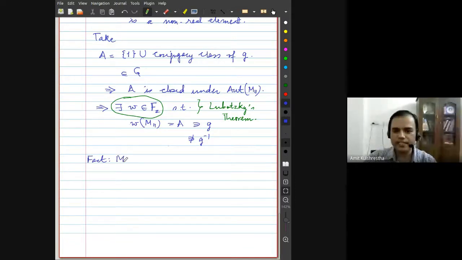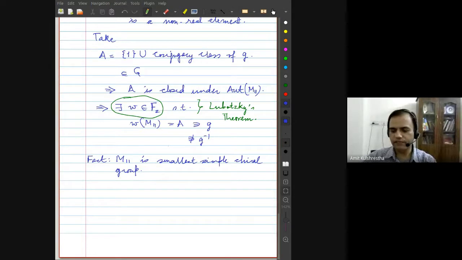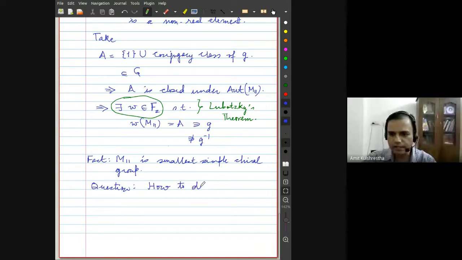Okay, so the fact is that M11 is the smallest simple chiral group. The thing that we should focus upon is this. The entire lecture from now onward is going to be focused on this question: how to detect weaknesses of chirality.